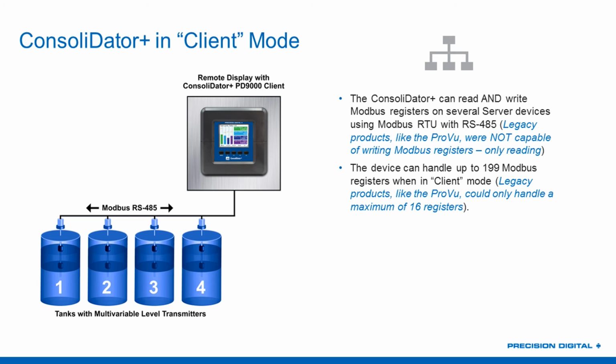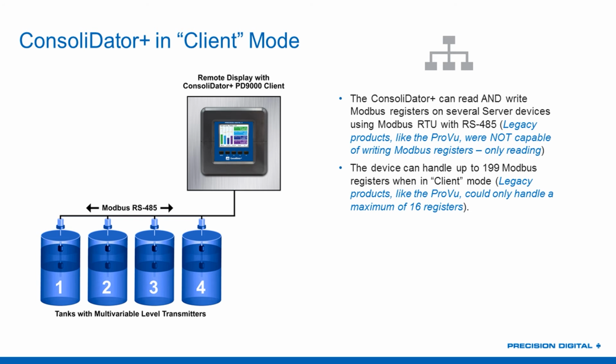Now, what's really nice is our old units used to do that. We did have our ProView units. Those could act as a master. They could request information. But the main difference is on the legacy products, we could only handle up to 16 Modbus registers. With the ConsoliDator Plus, we can handle up to 199 Modbus registers.